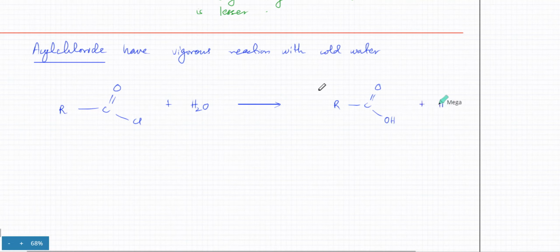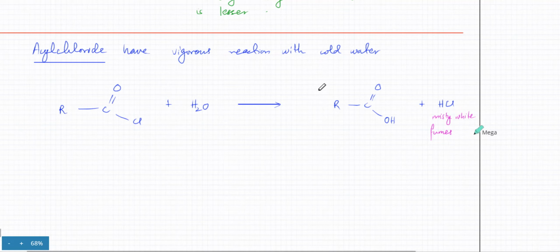And HCl would be produced, which would appear as misty white fumes. So as soon as you add an acyl chloride to water, you start seeing a lot of fumes forming.